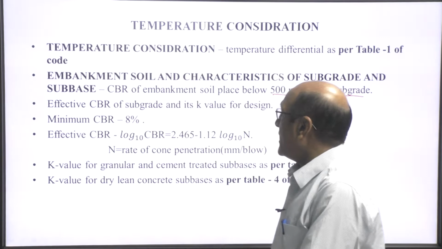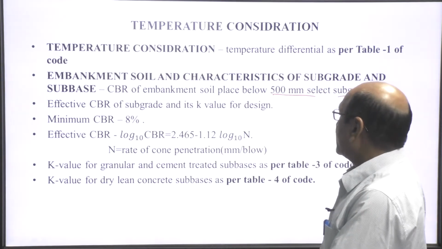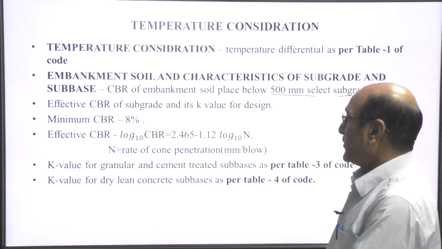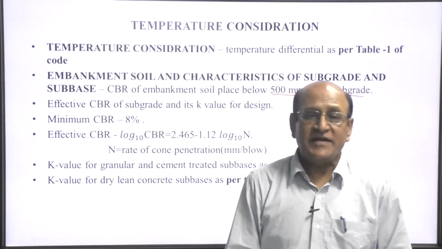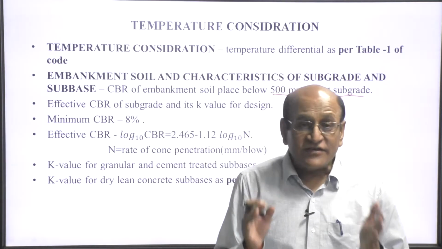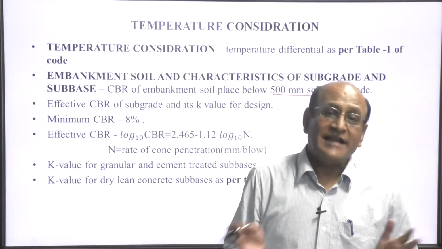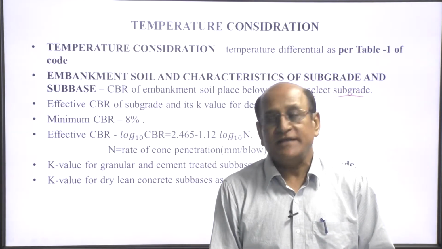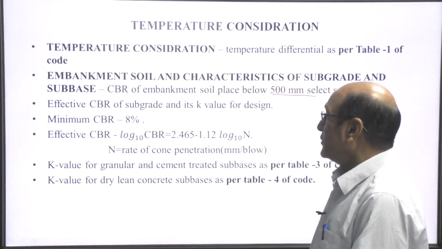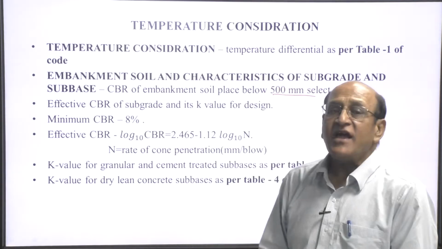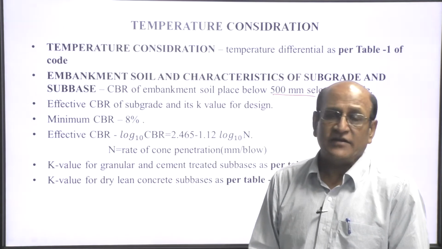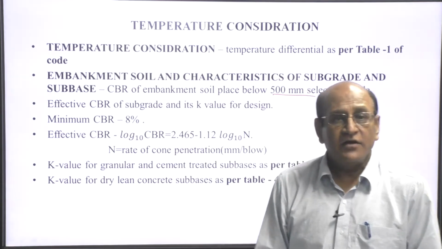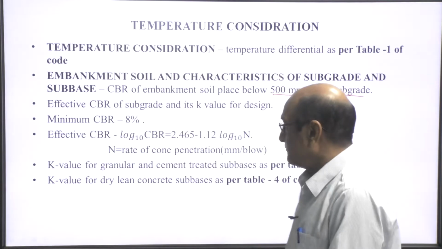The effective CBR of subgrade and its K value for the design: effective CBR is taken when the in situ CBR and the select soil have a wide variation in CBR. Then we can choose the effective CBR by a graph. It has been given in the IRC 58 2015 code.